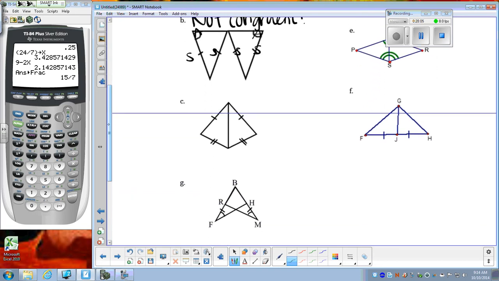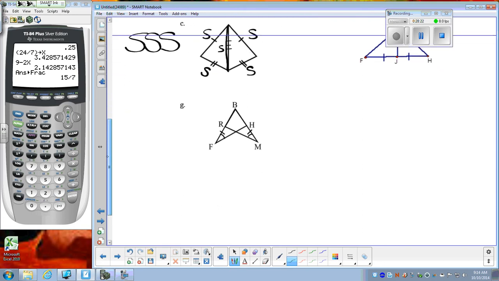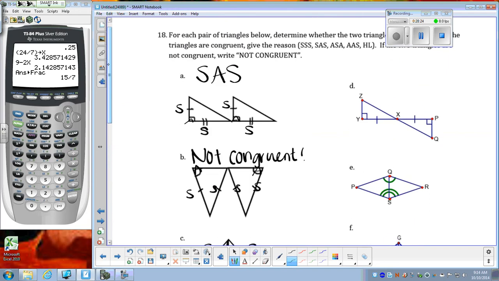For C, I have my two sides that have one congruent mark on them. So those are congruent. On the bottom, I have those two sides are congruent. And then I have this middle piece that they both use. So this is congruent. So these two triangles are congruent by side, side, side. In letter D, I have the right angles congruent to each other.